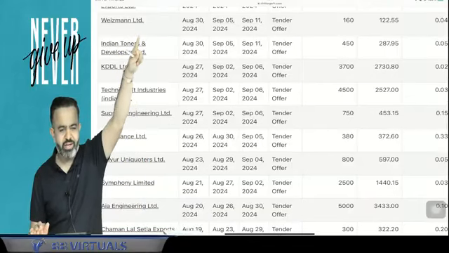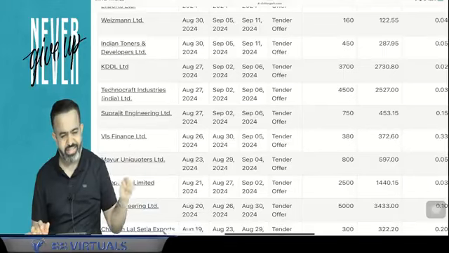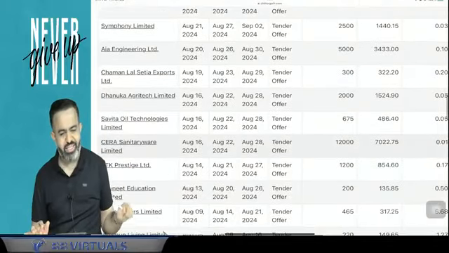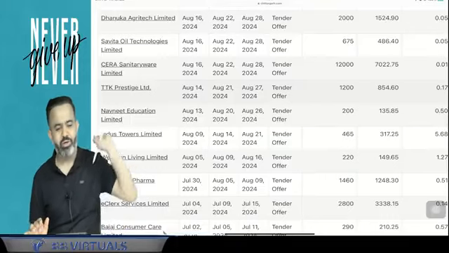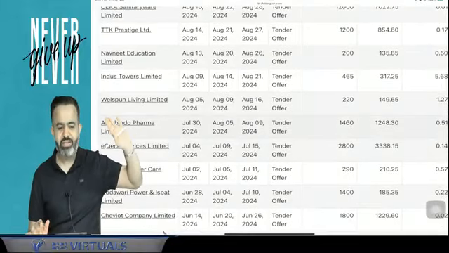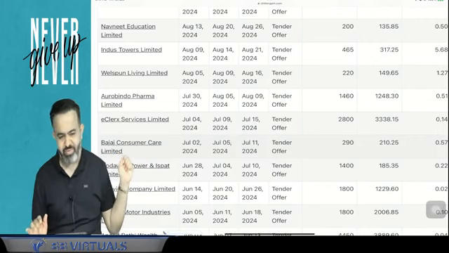If you see August 31, 2, 3, 4, 5, 6, 7, 8, 9, 10, 11, 12, 13, 14, 15, 16, 17, there are 17 companies' buybacks in the month of August. In July, there was one on 30th July, and before that July 4 and July 2, so only 2 buybacks.